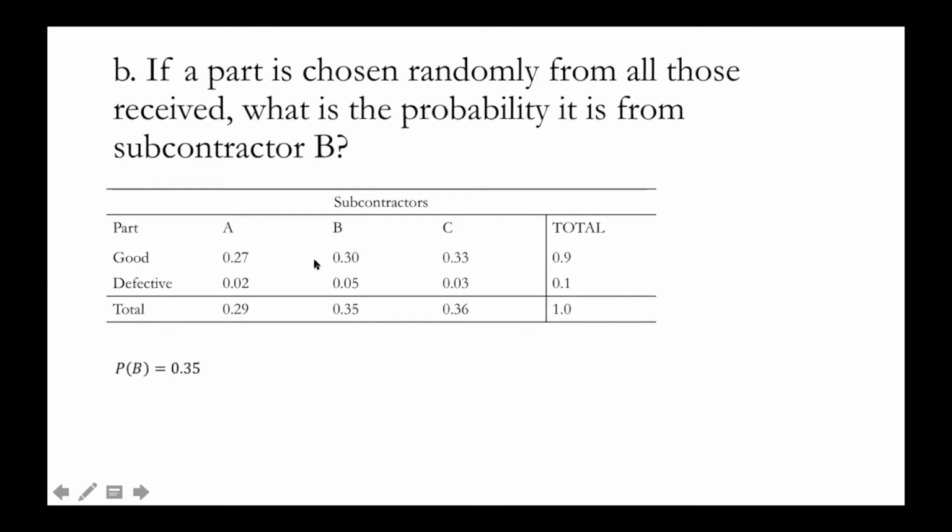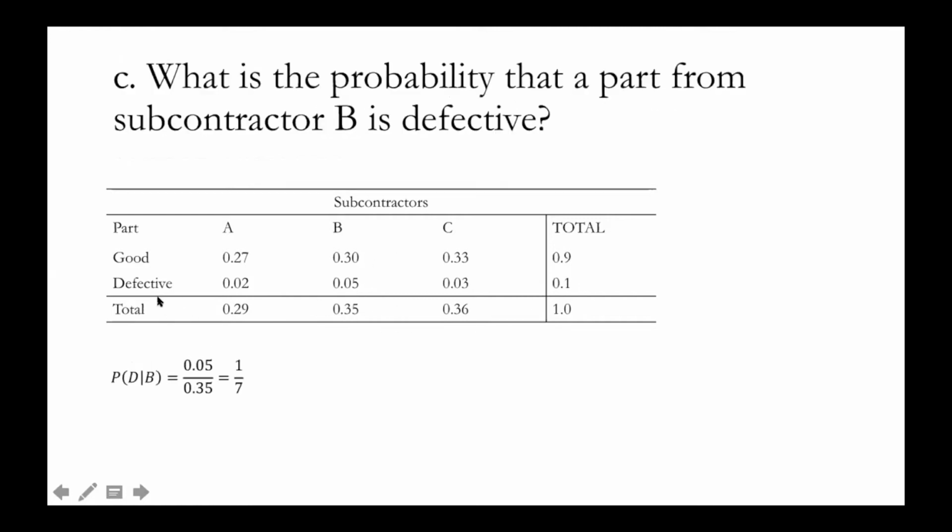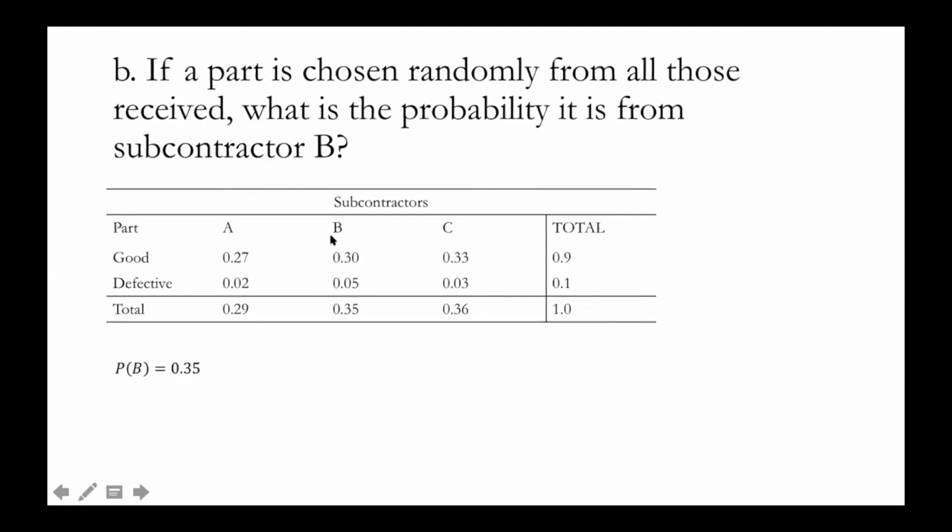So the sum of all these probabilities will sum up to this, and then the probability that it is from subcontractor B will be 35%. So the probability that it is from subcontractor B will be the probability that it is good or defective from subcontractor B, because it's chosen randomly.